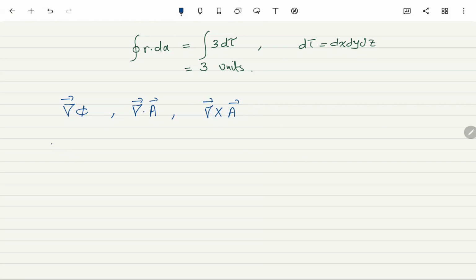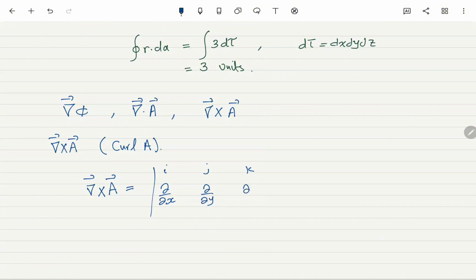Curl A is defined with the same rule as the cross product: i j k, then partial x, partial y, partial z. Remember, the second row is the components of the first vector, which is partial x, partial y, partial z, and the third row, A in this case, is ax, ay, az.